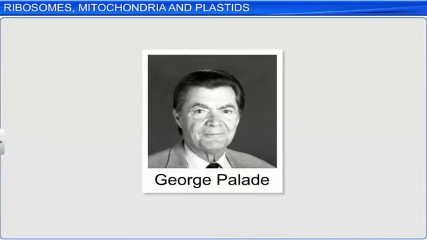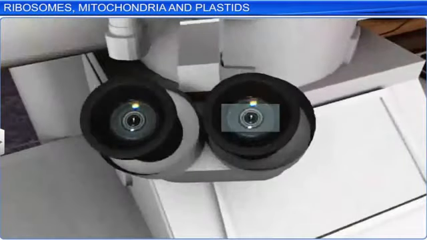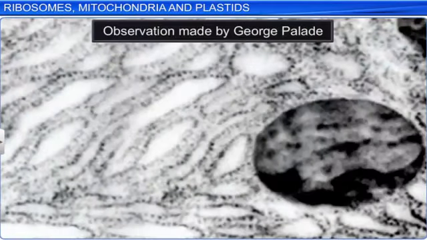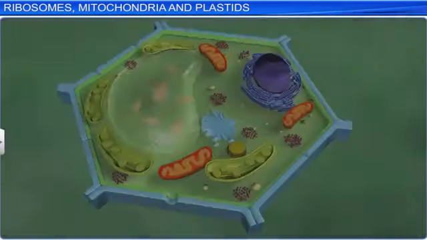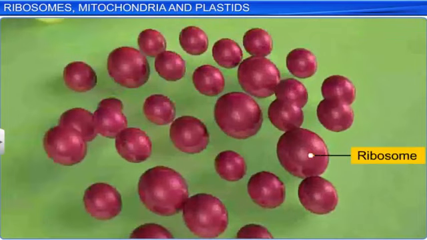In 1953, George Palade was observing a cell under an electron microscope when he noticed a few dense particles in the cytoplasm of the cell. Today, we know these particles as ribosomes.